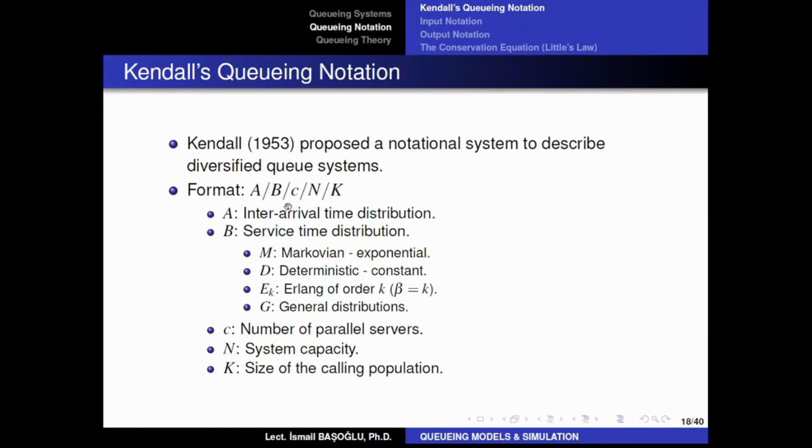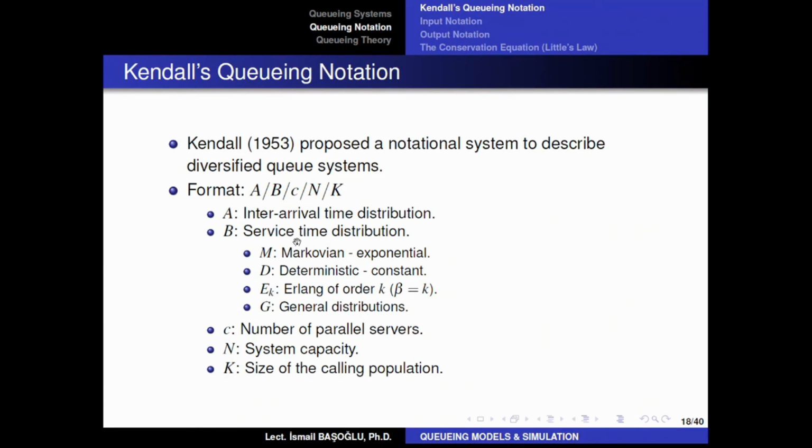So what type of distributions do we have? If, for example, the interarrival time distribution is an exponential distribution, then we write M in place of A. M means Markovian. And Markovian means it's a Markovian process, which means the interarrival times are exponential.